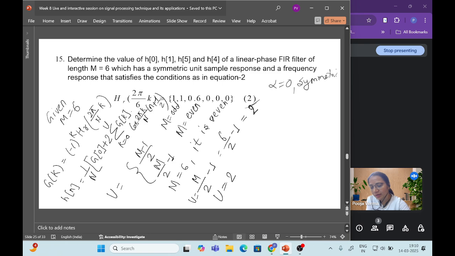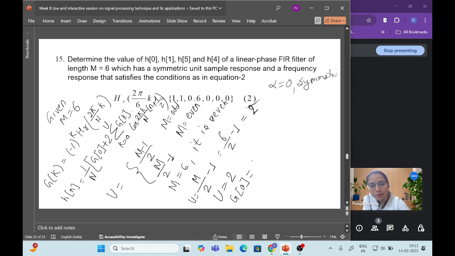First we will determine g0 directly. Just put k equal to 0 in this equation, because k varies from 0 to u, that means 0 to 2. So we have to find g0, g1, g2.